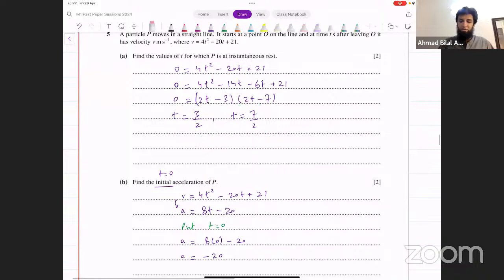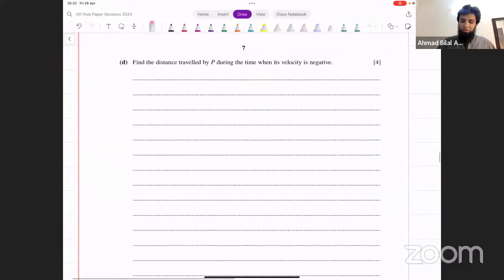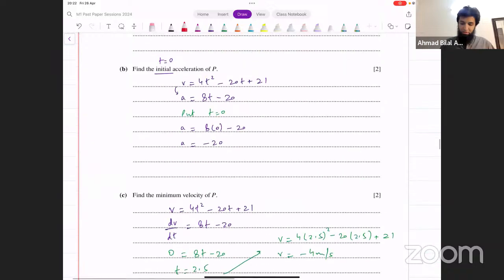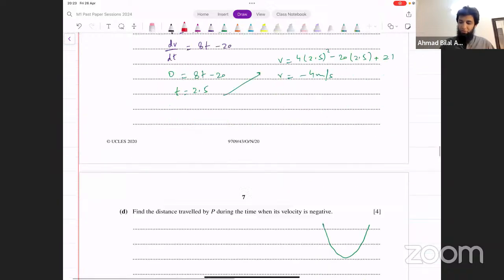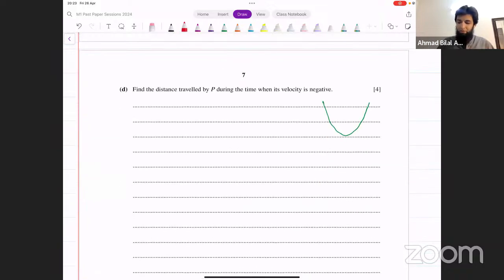This is what the graph looks like for that velocity function. We know the points where the graph crosses the x-axis. This is 3/2. This is the t-axis, the time axis. And this is 7/2.